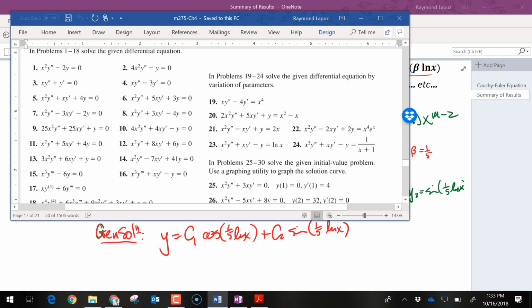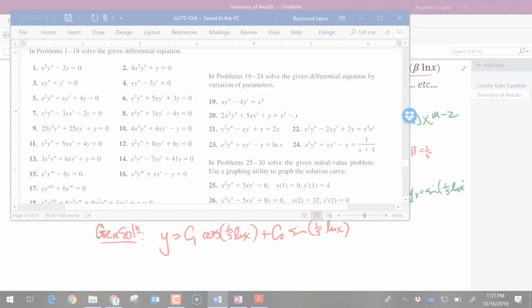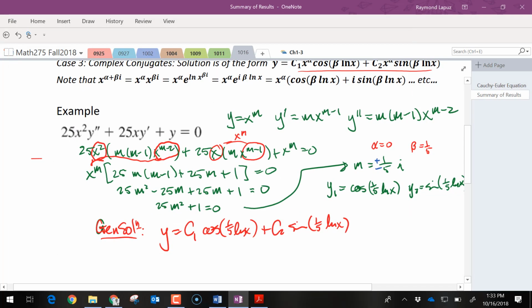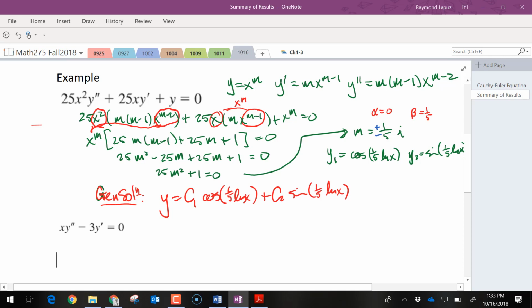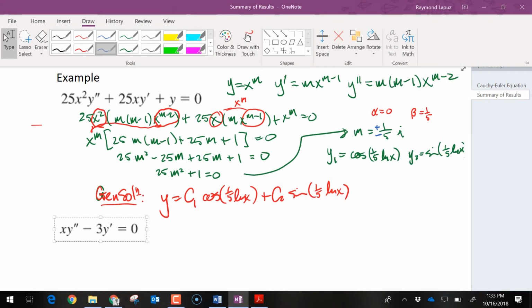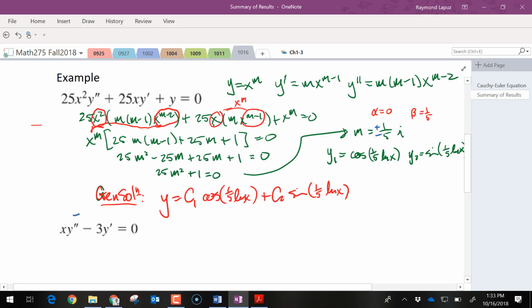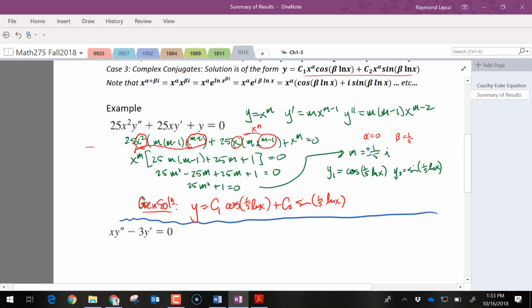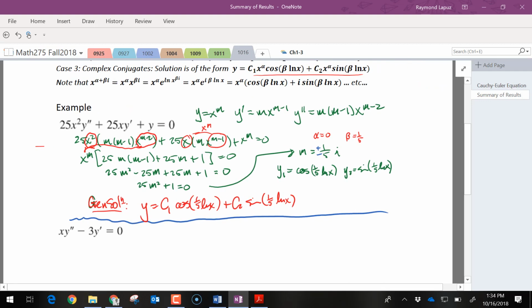I have a feeling one of these ones that don't have a middle term might work. Can we do number 4 maybe? All right.